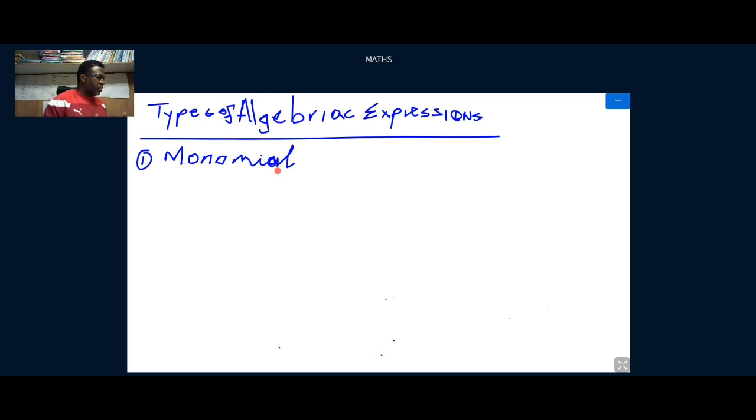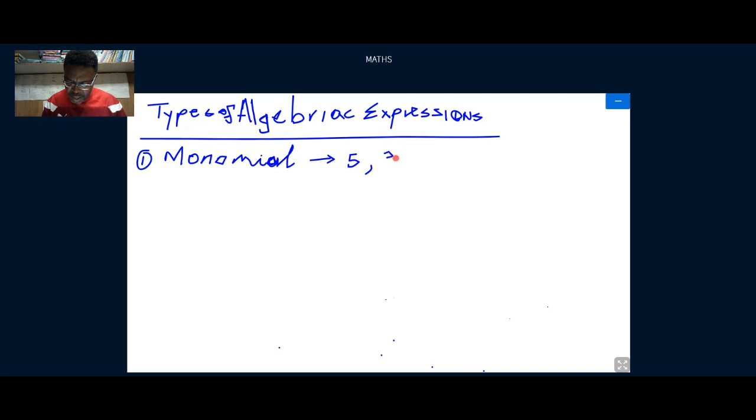It is an expression which does not have any number operation between them. So if I write 5, just a 5, this is a monomial.